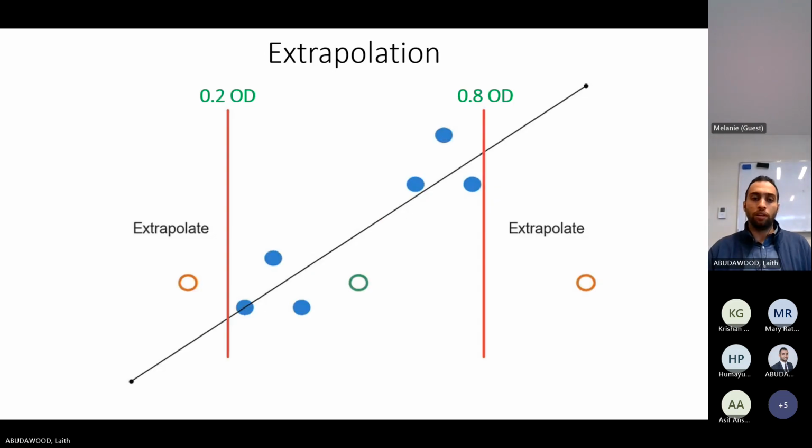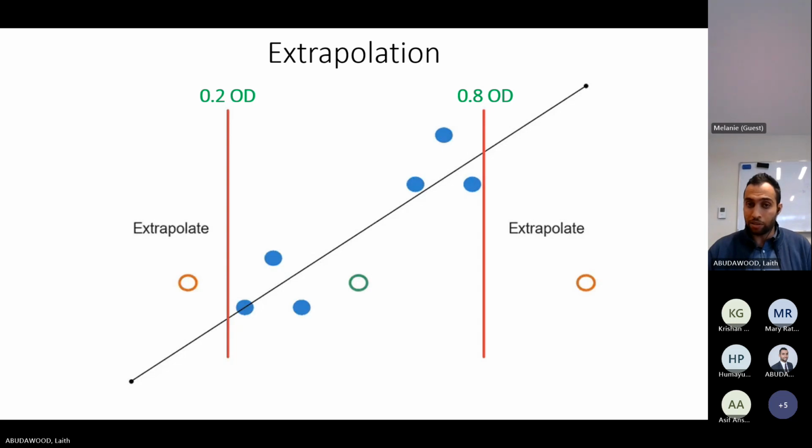Now, imagine that this horizontal line represents your calibration curve. Let's say the lowest measured value in the calibration was 0.2 optical density, and the highest measured value was 0.8 optical density. Again, my calibration curve is this line.